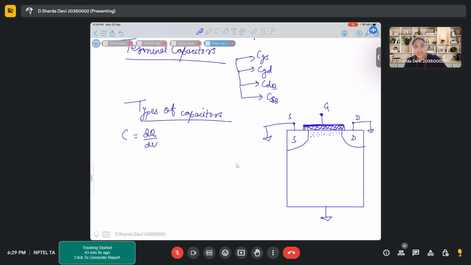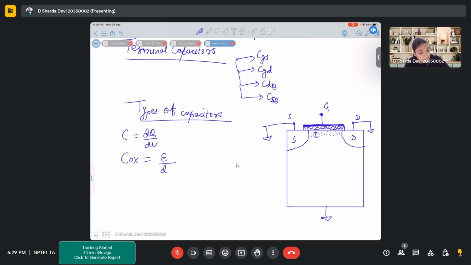So this particular capacitance is known as Cox, which is given by epsilon by D, where D is the depletion length, into epsilon of that particular material. So we call it oxide capacitance or gate capacitance.